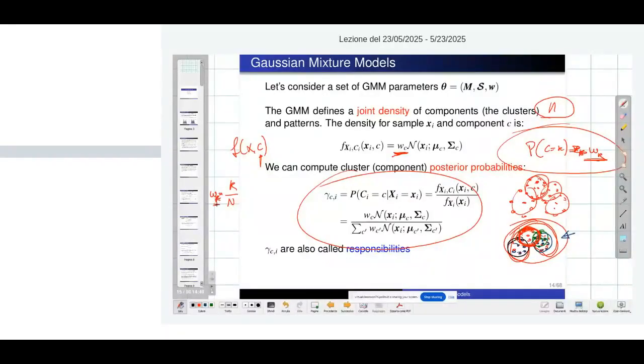So in this case, the outcome is the cluster label. The cluster label can be modeled as a multinomial density, so the maximum likelihood solution would be the number of samples for each cluster.